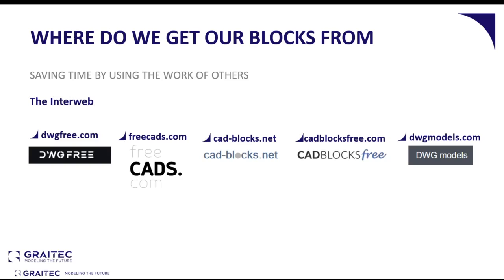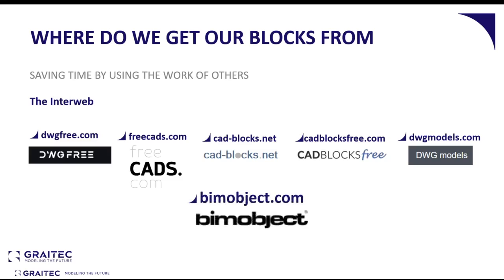Now there's also bimobject.com. This particular site is a very good site. It's quite a trustworthy site. It actually used to be Autodesk Seek, but they franchised it off, and it does require registration to download objects from there. And note that some other websites may also require you to register, which will simply mean providing an email address.